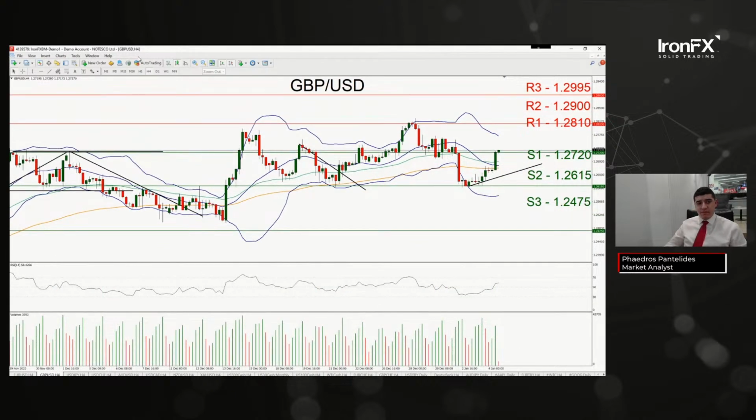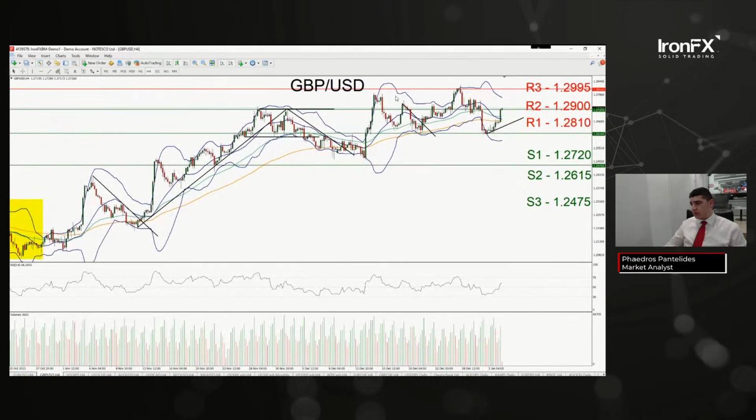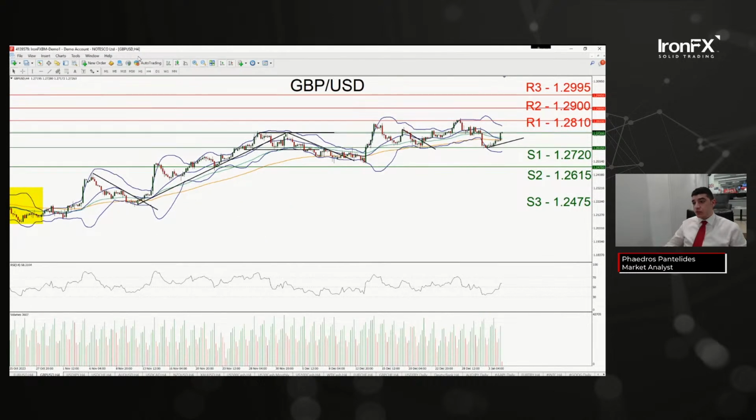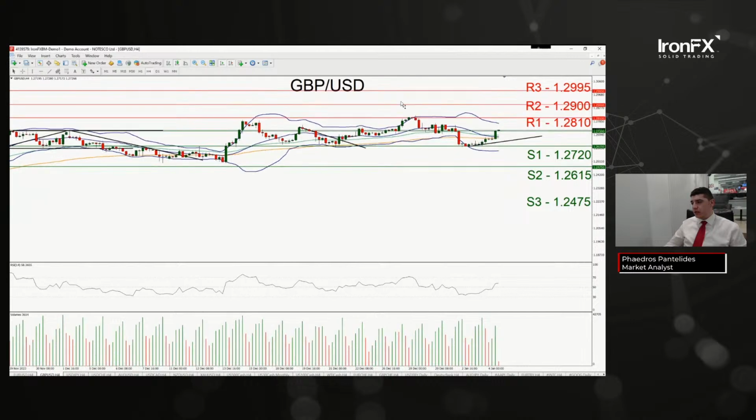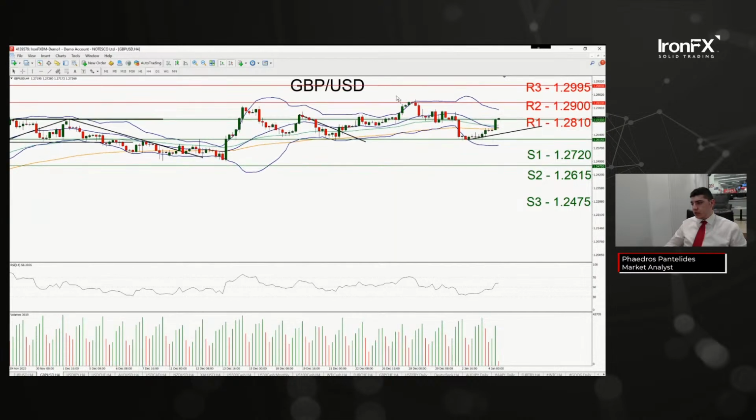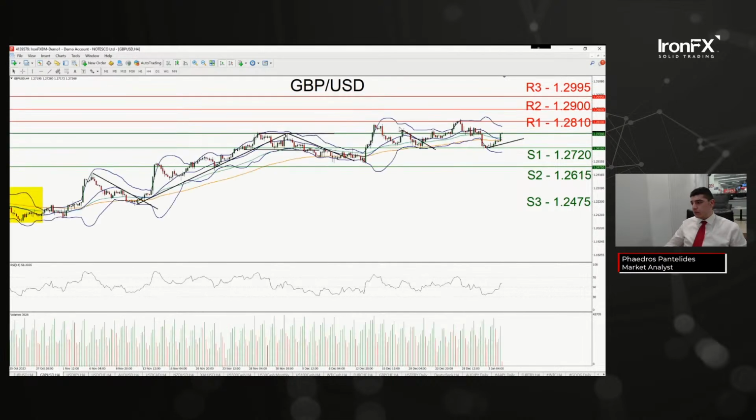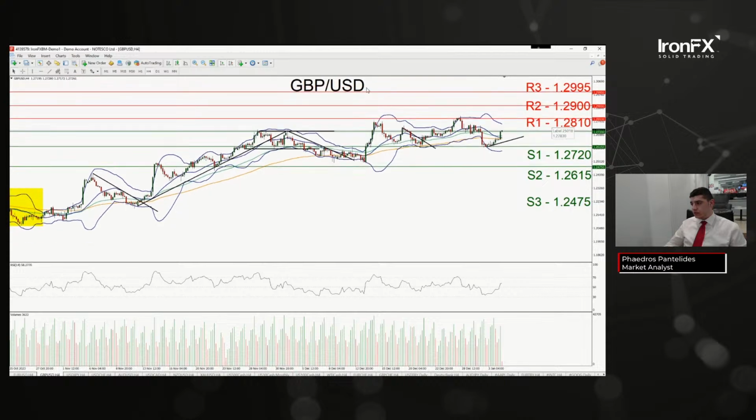I'd be bullish if it breaks above R1, but if it fails to break above R1, I would switch towards a sideways bias between S1 and R1. Well, let's make this a bit more clean. S1, S2, S3.